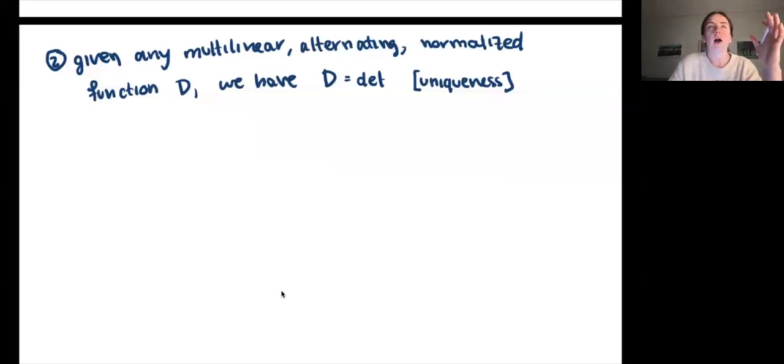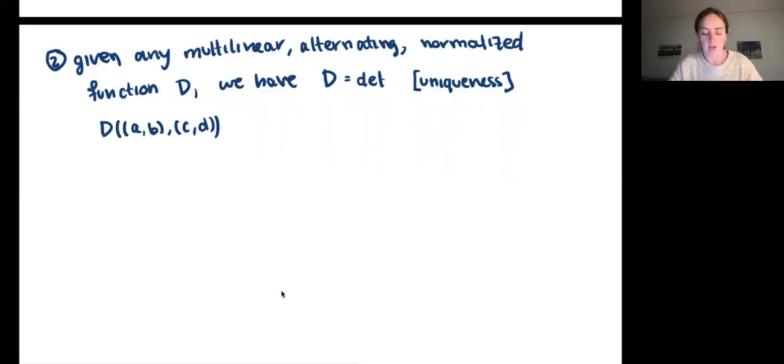This is very similar to what we did in the 2x2 and the 3x3 case, where we calculated what D of the vectors needed to be just using the properties. That's what we're going to do again, but we're doing the n by n case, so it's going to be a little bit more complicated.